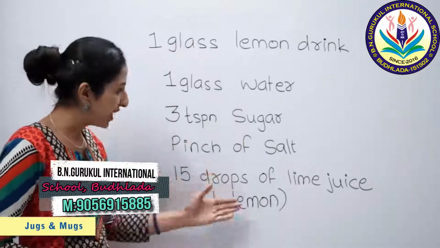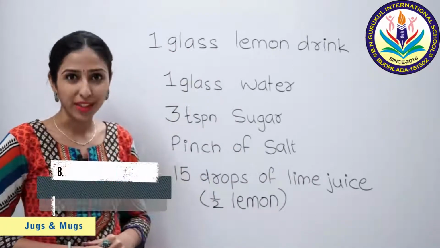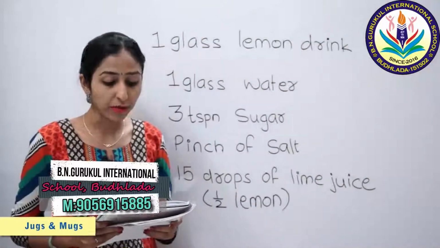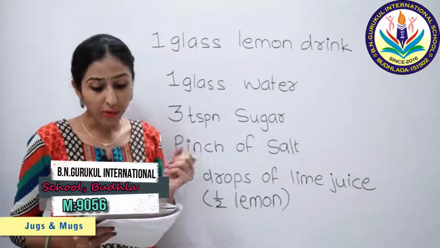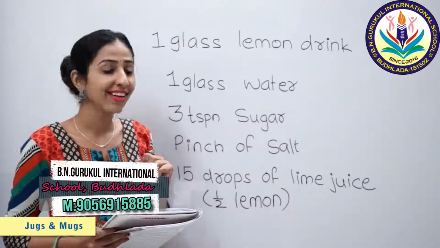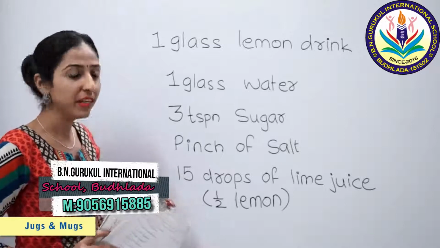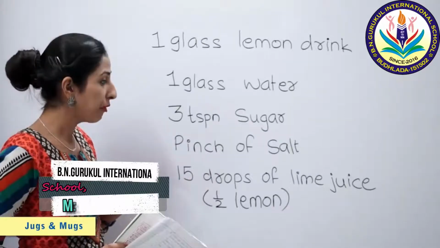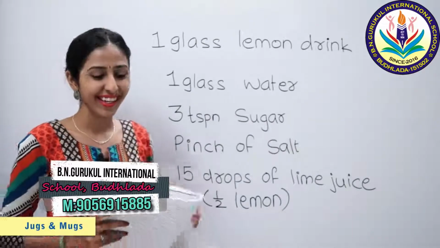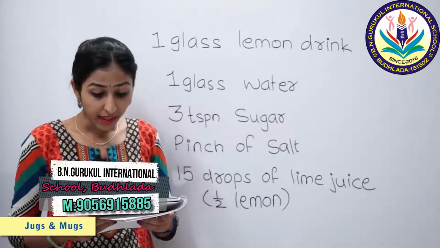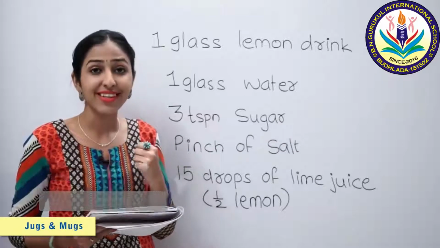So, based on this, I'm going to ask you a few questions. How many drops of juice we got from half a lemon? So, from half a lemon, we got around 15 drops of juice. From full lemon, we will get how many drops of juice?